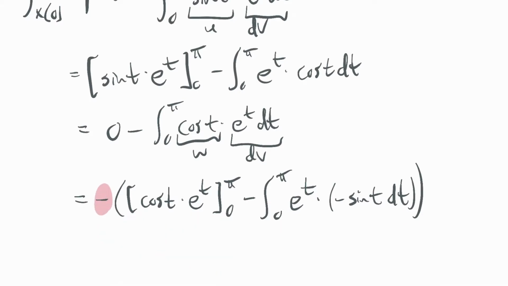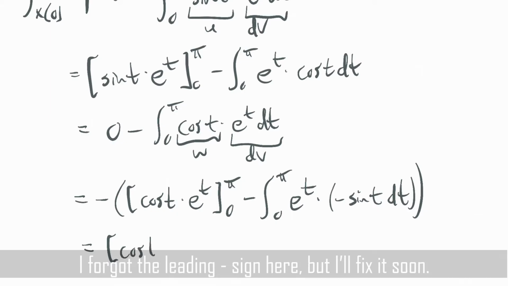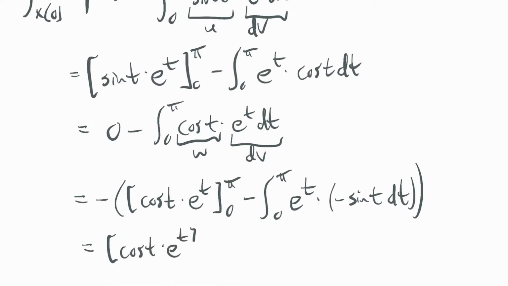And notice that in the second case, we're going to have 3 minus signs. So we're going to have this group here minus this 1 minus sign for that second term. So we're going to get, and we'll evaluate later, cosine t times e to the t from 0 to pi minus the integral, and I'll rearrange the order a little bit, sine t e to the t dt.